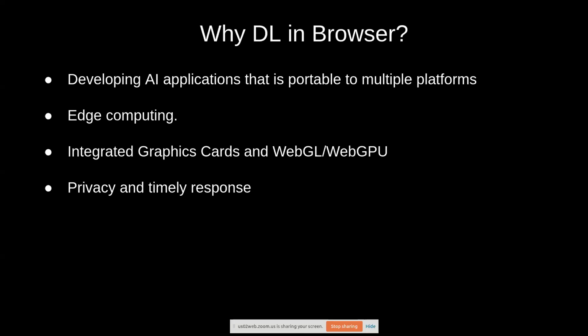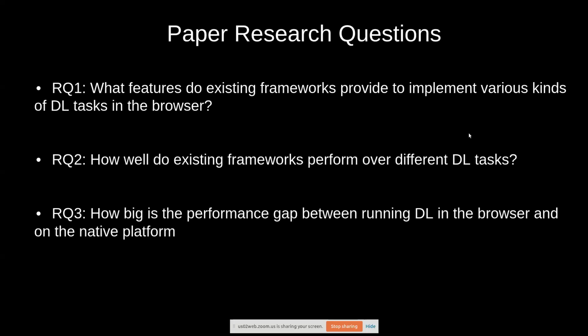So the main question the authors are trying to answer is what features do existing frameworks provide to implement various kinds of deep learning tasks in the browser. How many frameworks do we have and what do they offer us? They make a survey to answer this question. The other is how well do existing frameworks perform over different deep learning tasks.